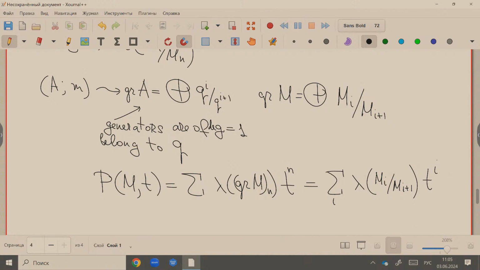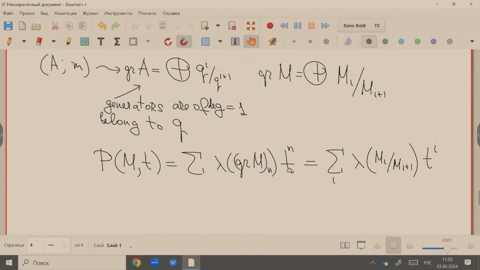Notice that in our theorem we have to take the graded piece here, which is a factor here. But we were interested in the following function: the function of the form M modulo M^i, or M^(i+1).